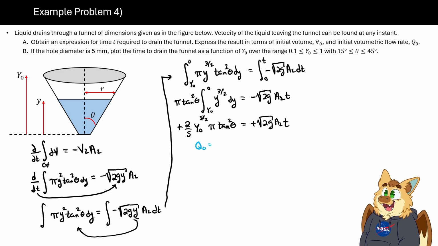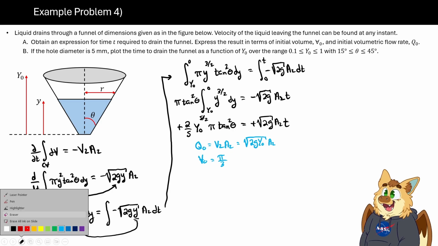Our initial volumetric flow rate at time t equals 0 would be equal to V2 times A2, which would be equal to the square root of 2g at our initial starting y naught for our cone times A2. And then our initial volume would be equal to this total volume, not a differential, pi over 3 y squared, and technically this will be y naught squared, to be more specific because we're initial volume.